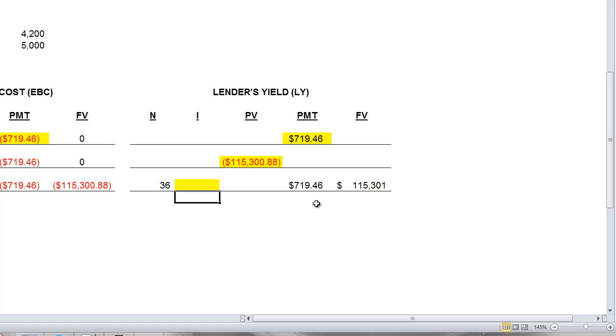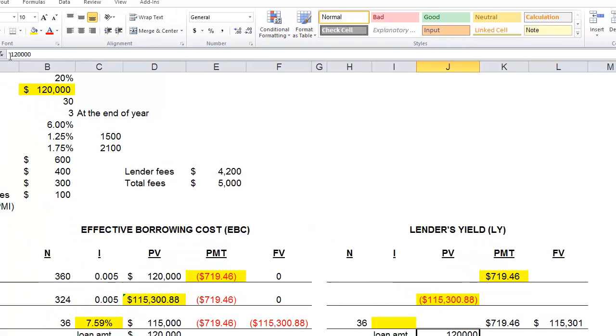Okay, so just like last time, we're going to adjust our present value, that's the loan amount adjusted for closing costs. So the loan amount is 120, and then lender fees is equal to $4,200. And so oops, I already messed up the signs on this. So remember, signs have to make sense because this is the lender. So the loan amount is actually a negative.